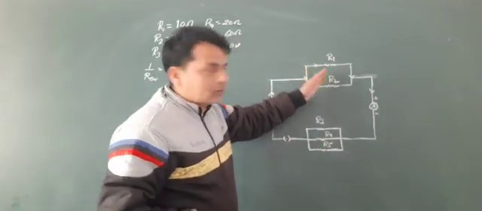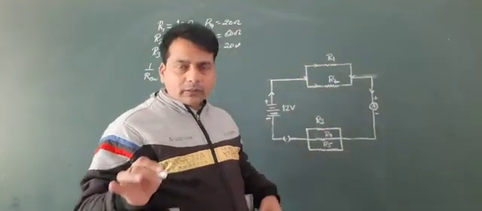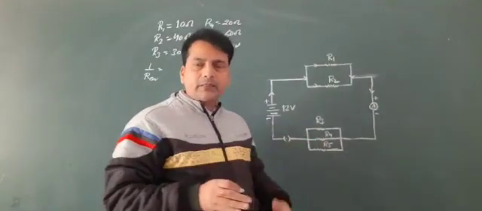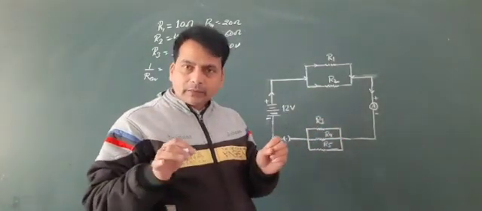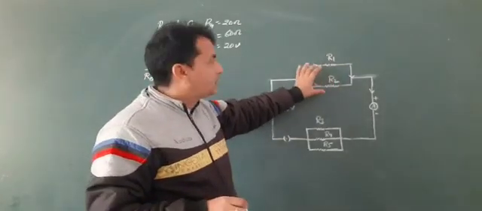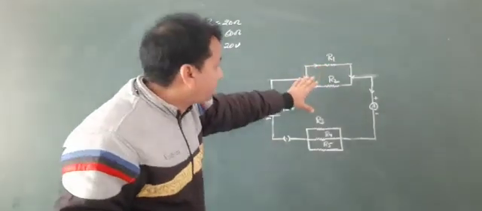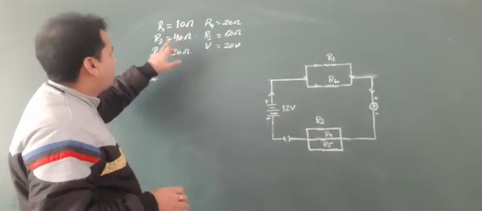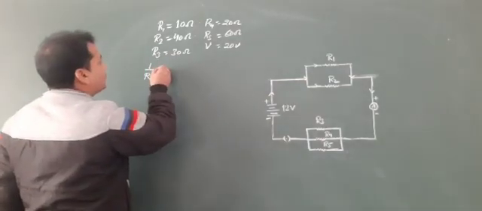R1 and R2 are connected in parallel combination, so we know that if two or more resistors are in parallel combination, then the equivalent resistance in the circuit is the reciprocal of the sum of the reciprocals of the given resistors. So for R1 and R2, the value of R1 equals 10 and R2 equals 40. So apply the rule of the parallel combination.